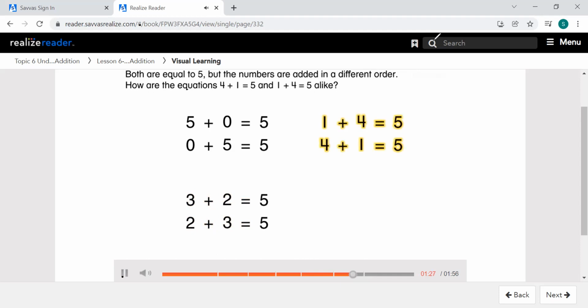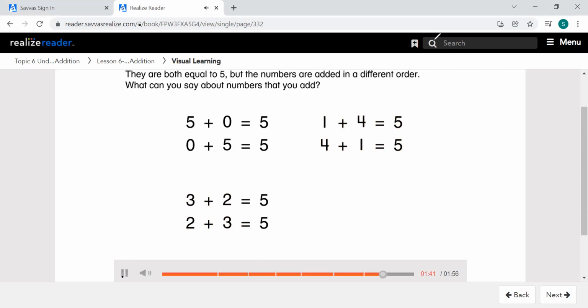How are the equations 4 plus 1 equals 5 and 1 plus 4 equals 5 alike? Again, they both equal 5, but those numbers are in a different order.